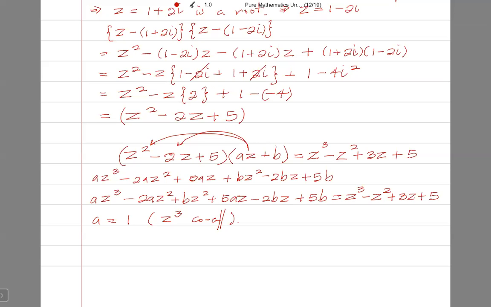It's not 5 alone. 5B. It means that 5B would be equal to, what is the constant term on the right? 5. And I'm going to put here constants. All right, then if I divide both sides by 5, I'm going to get B is equal to 1.